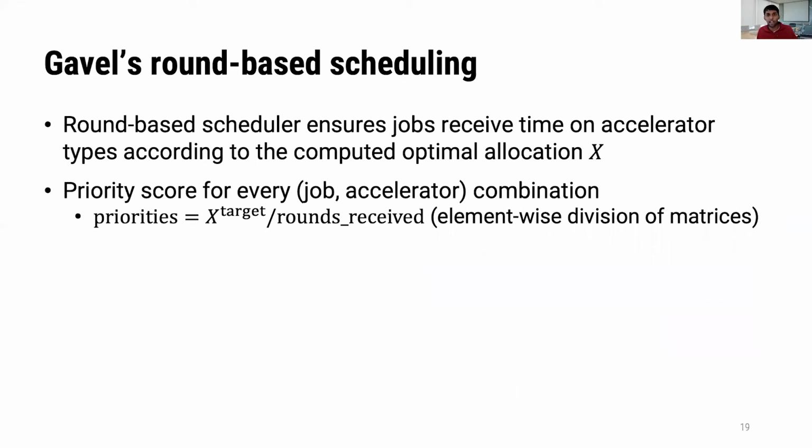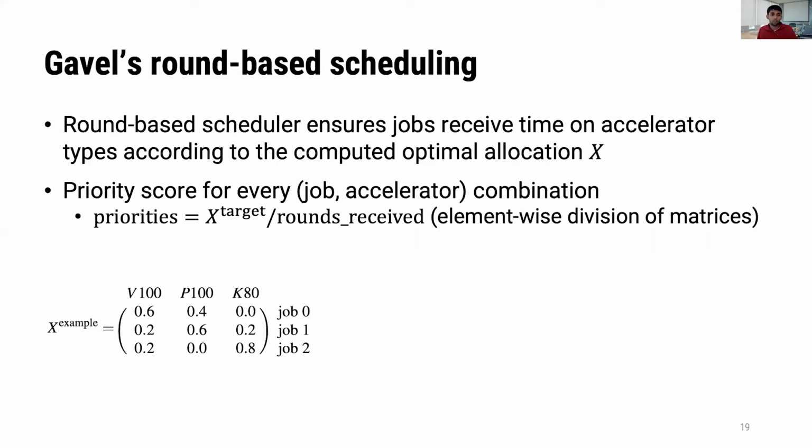Gavel uses a priority mechanism to determine which job should be active in any round. Priority for each job is the target allocation divided by the number of rounds received for each job since the last time this allocation was computed. For example, let's consider this target allocation, which specifies that jobs 0, 1, and 2 should receive resource time in various ratios.